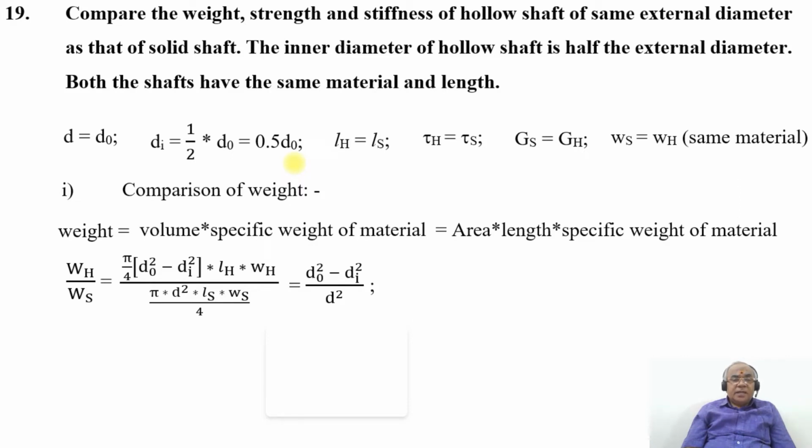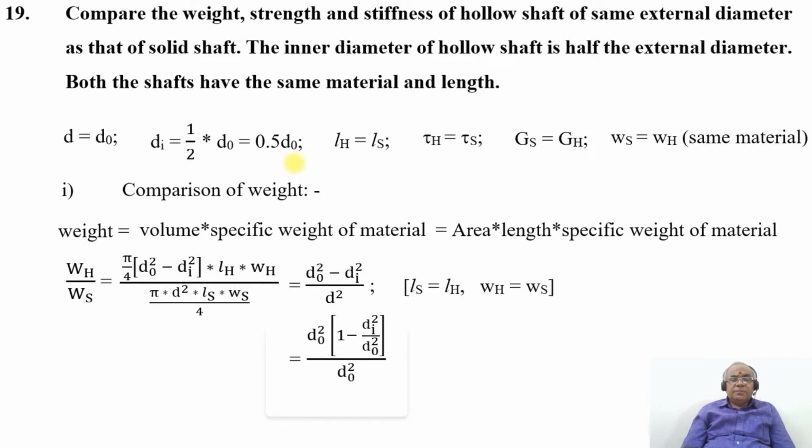As we know that LH will be equal to LS and ws will be equal to wH, they cancel. Therefore pi by 4 cancels. Therefore, D naught square minus Di square by D square. Now taking D naught square as the common factor, into 1 minus Di by D naught the whole square, divided by D naught square.